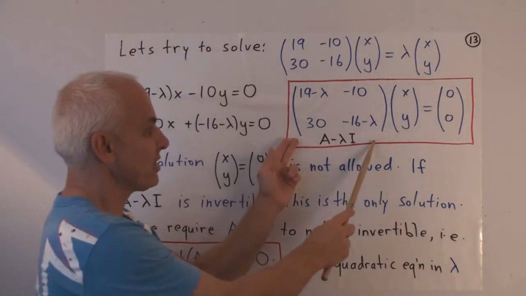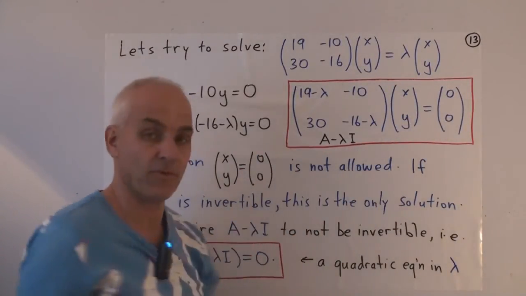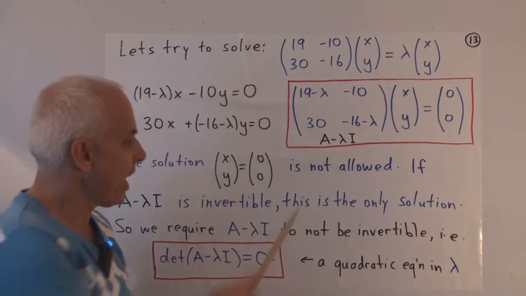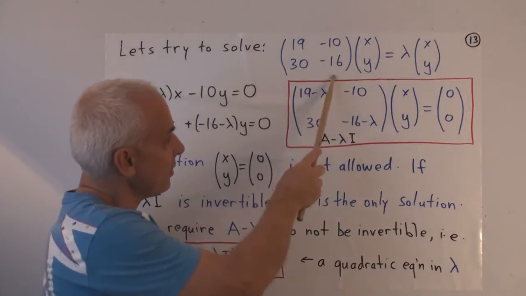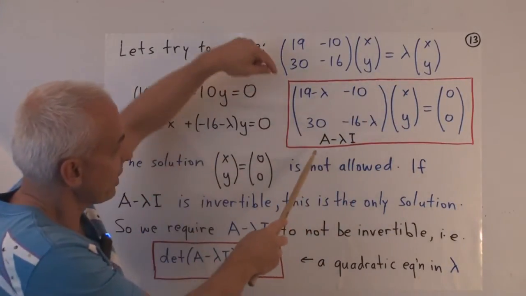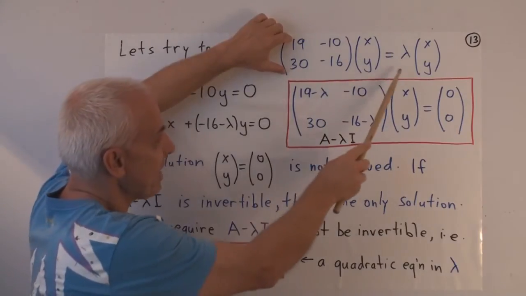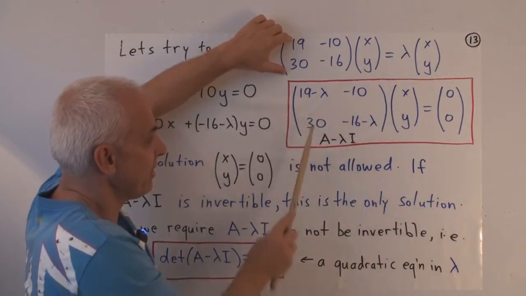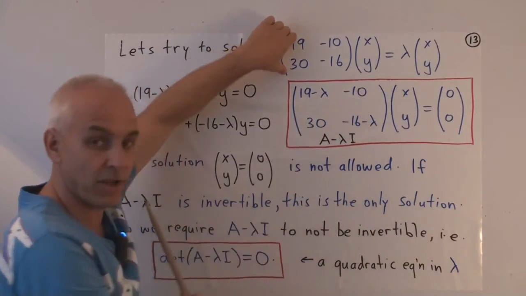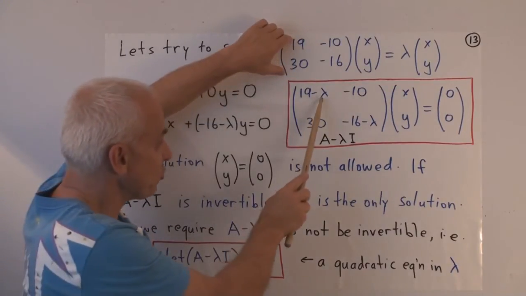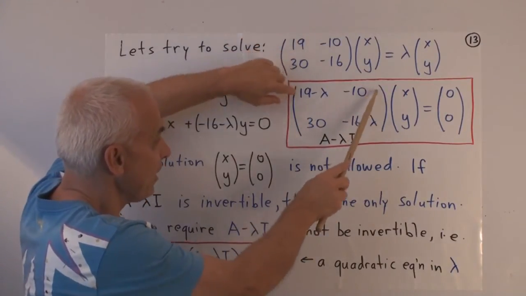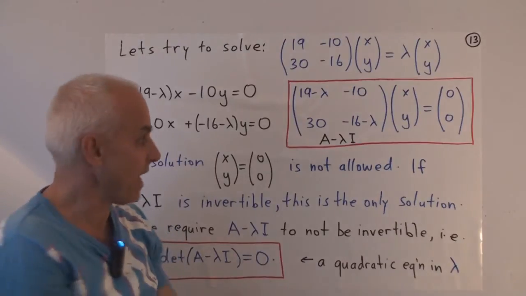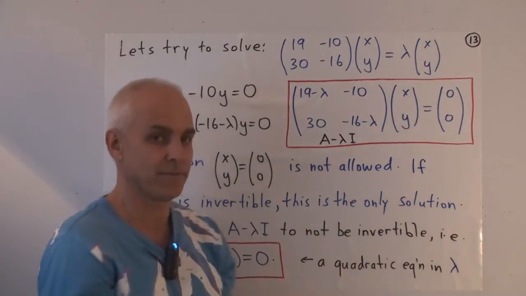So that's the matrix times x, y equals 0, 0. And we could have concluded this matrix immediately: it's just the matrix A minus lambda times the identity. The lambdas only appear along the diagonal, so we're really subtracting lambda times the identity from the original matrix A.